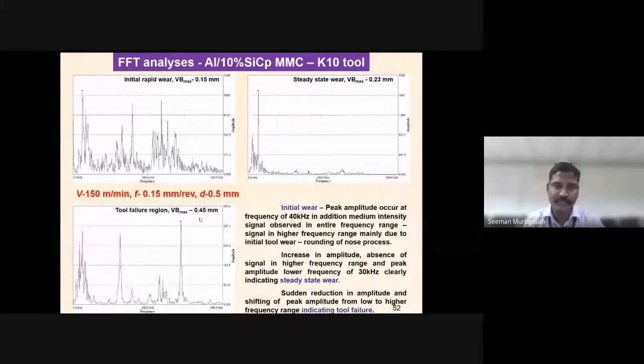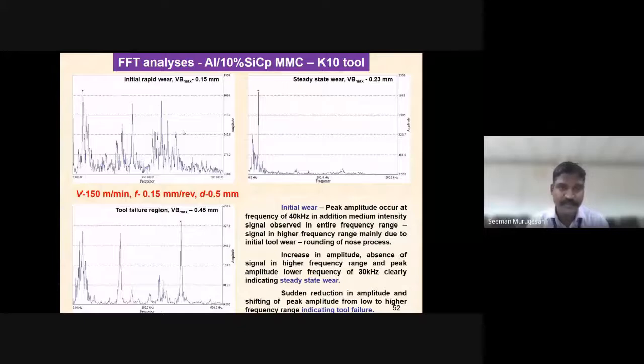Here the FFT spectra clearly indicate the three different wear regions: initial rapid wear, steady state wear, and tool failure region. You see here in the FFT spectra, the amplitude. In the initial rapid wear, the peak amplitude is observed around 40 kilohertz.